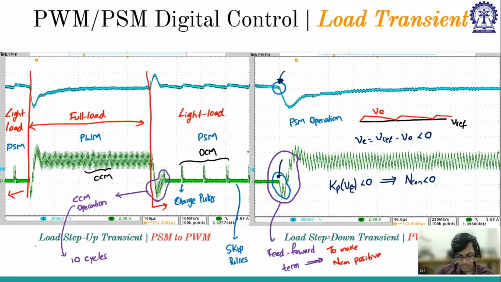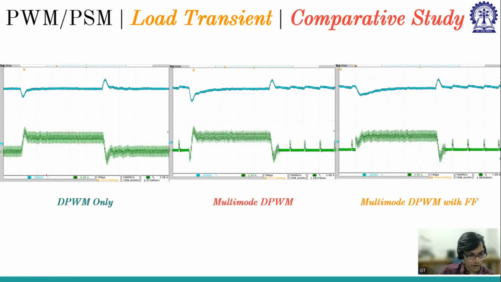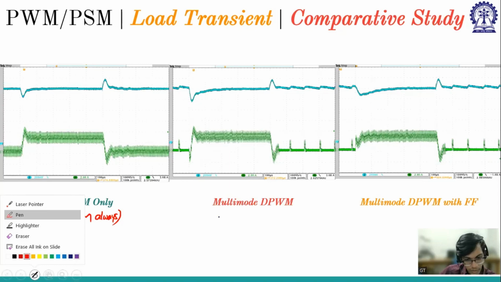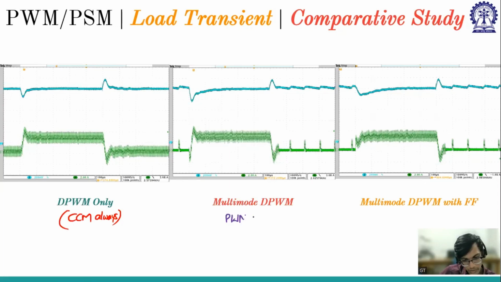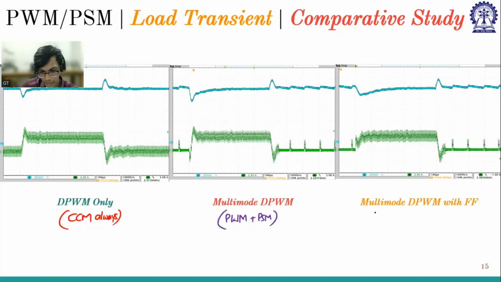So the same thing has been done, and sir has considered another case study. The first one is only DPWM, so it is always in continuous conduction mode, CCM always. The second one is multimode, so it is PWM plus PSM. And the third one is PWM plus PSM with some feed forward.